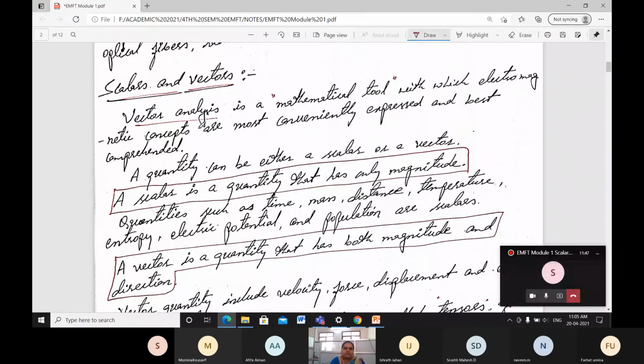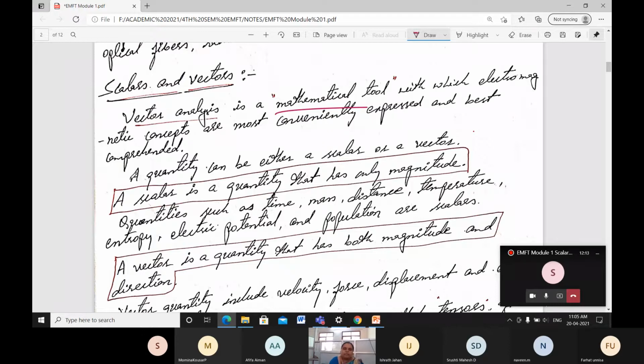If your maths is strong, we can solve anything. Vector analysis is a mathematical tool with which electromagnetic concepts are most conveniently expressed, so the expressions will be easy for us.